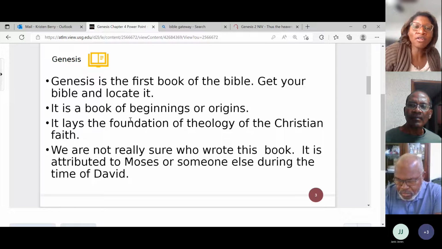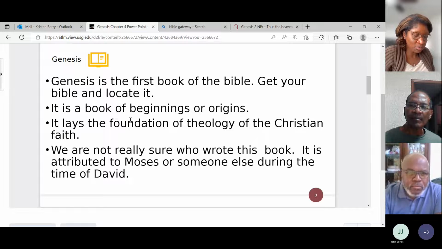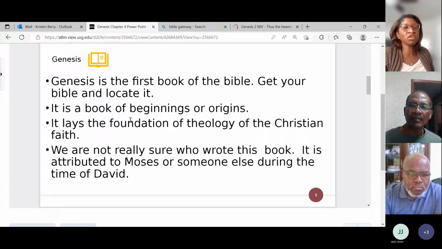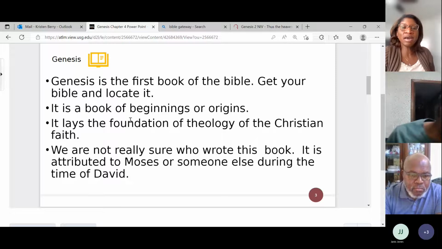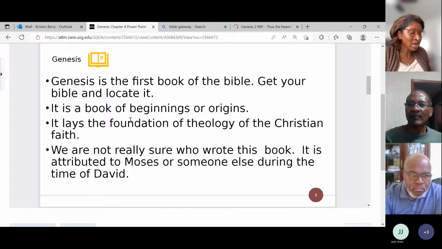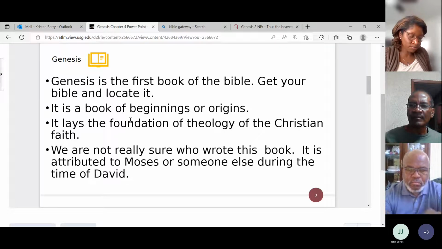When we talk about authors in the Old Testament, and especially for Genesis, this is probably the oldest book. We just really don't know. It's attributed to Moses. It could be Moses. It could be Moses and friends. It could have been somebody else, but we are just really not sure who exactly wrote the book of Genesis.